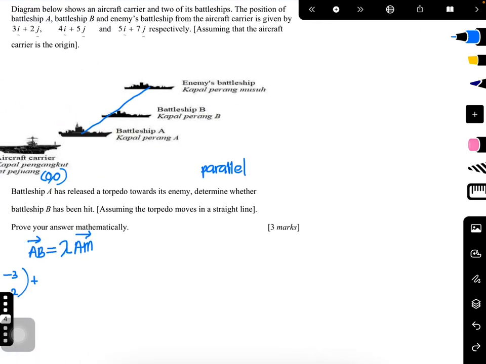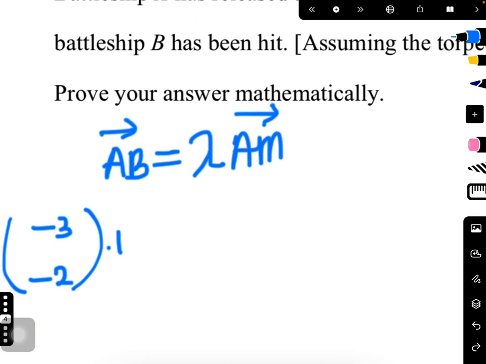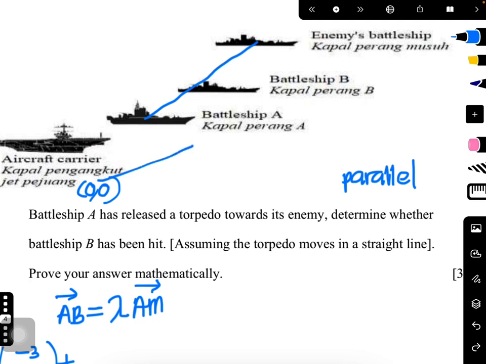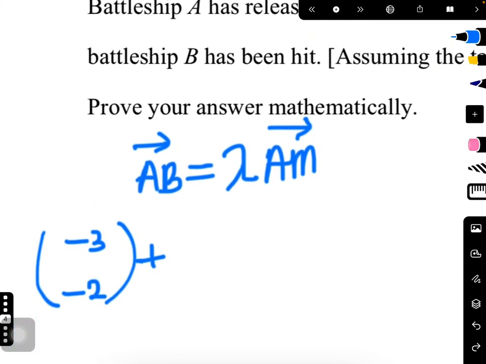AB is given that 3i plus 2j. Okay, I change it into a column vector. AB means that OA plus OB, or rather AO plus OB. 4, 5 equal to lambda.